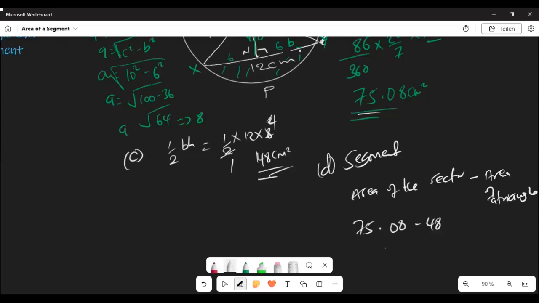If you subtract this one, you get 27.08 square centimeters as your answer.